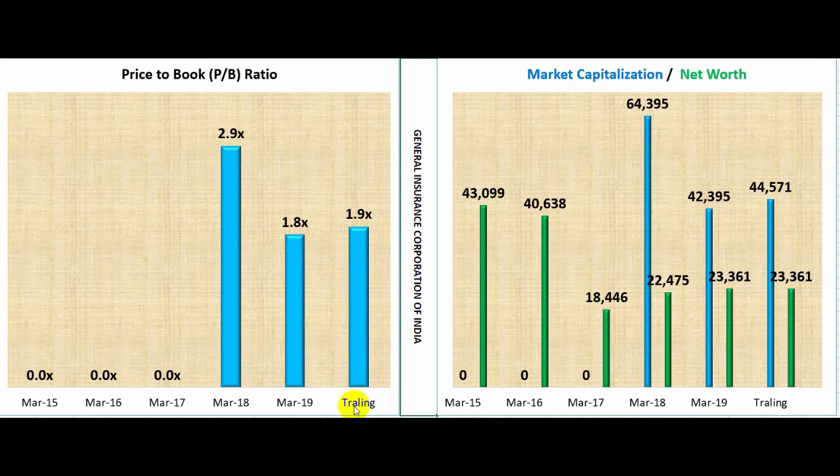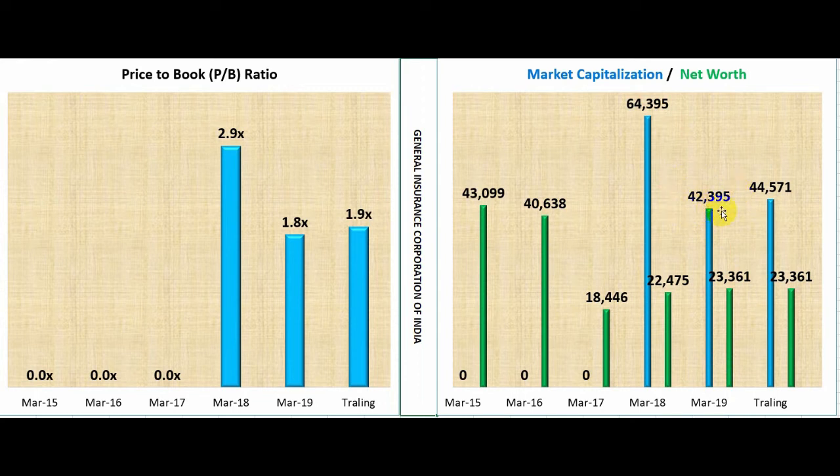So in the recent 12 months, the latest price to book is at around 1.9 times. The market cap in March 19 stood at around 42,000 crores. This is the value of the company in the market. So someone who wants to buy will have to pay this amount for the company.